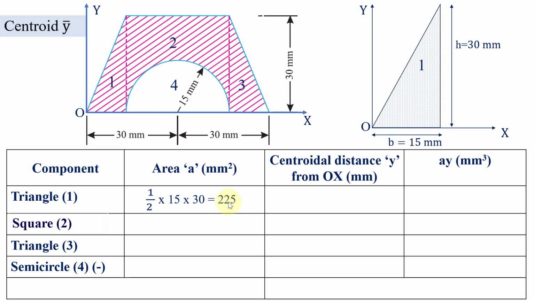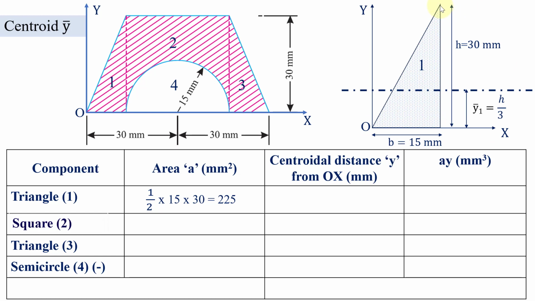And then we are going to find the centroidal distance of this element alone from the reference OX axis. For a triangle, h by 3 gives the centroidal distance from the reference axis. We have to be very careful about this formula. This h by 3 applies only if the centroidal distance is calculated from the base.